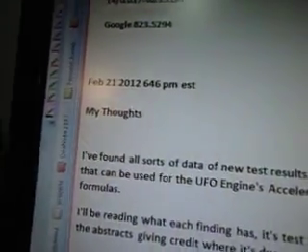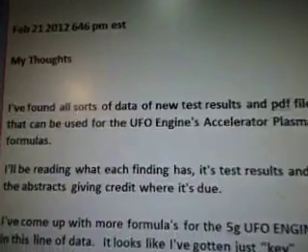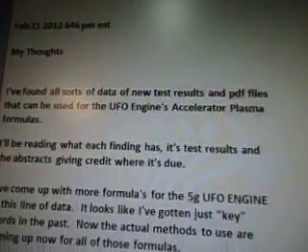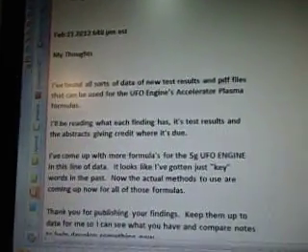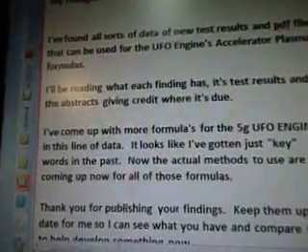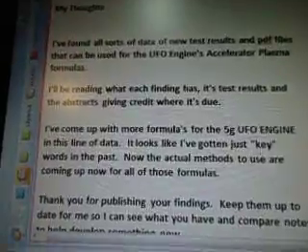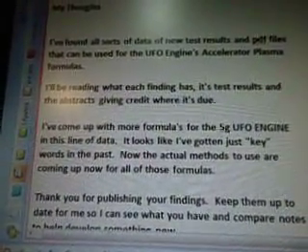And my thoughts, February 21st, 2012. I found all sorts of data of new test results in PDF files that can be used for the UFO's engine accelerator plasma formulas. I'll be reading what each finding has, its test results, and the abstracts, giving credit where it's due. I've come up with more formulas for the 5G UFO engine in this line of data.